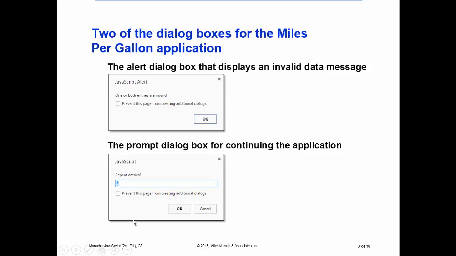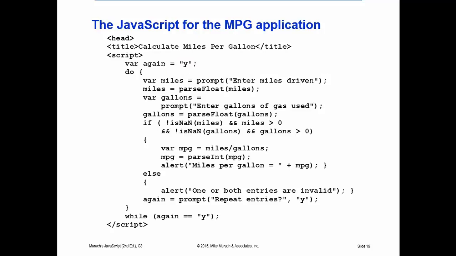All right. So they come back now, and they're going to give you an updated version of the miles per gallon program. And let's just take a look at this. We're doing the very same stuff we did before, enter miles per gallon, but now we're parsing it. And then we're doing the gas used.